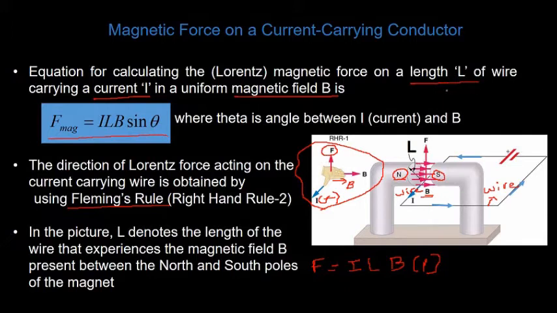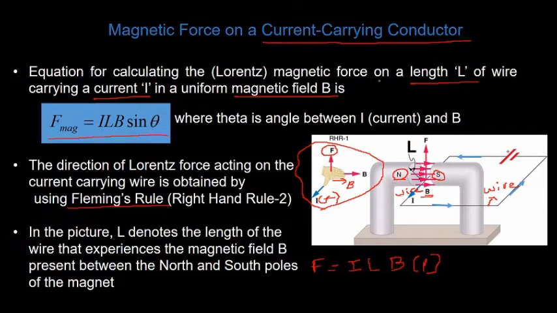Now, because we're talking about a current carrying conductor, we'll keep in mind that a current carrying conductor is actually carrying positive charges in the direction of current. So if we know the current direction, this is the same as the velocity direction, because that's where the positive charges travel.